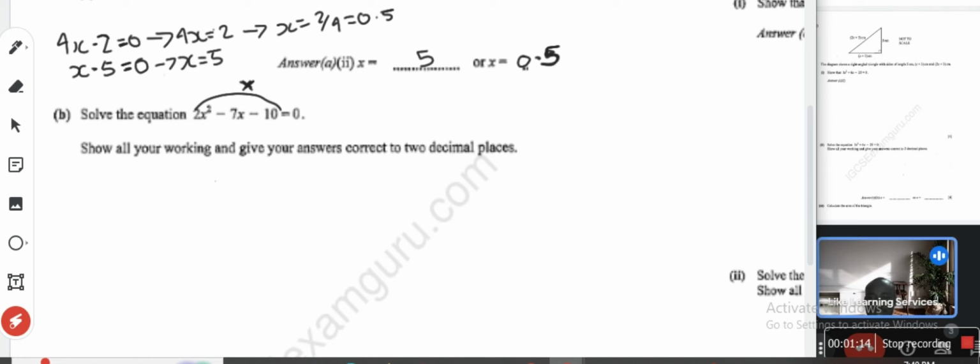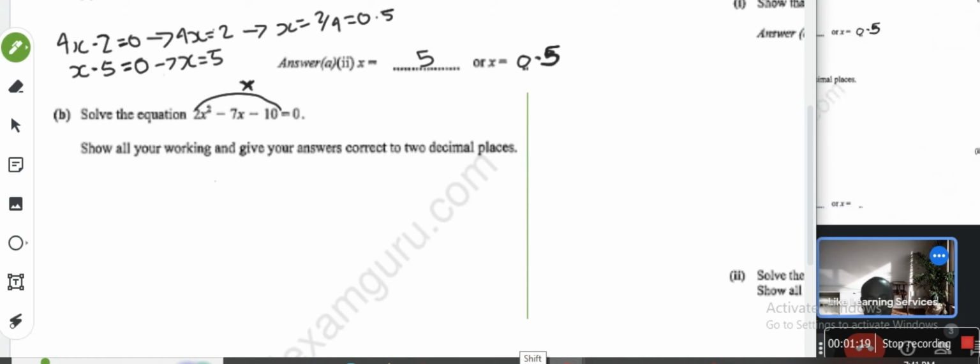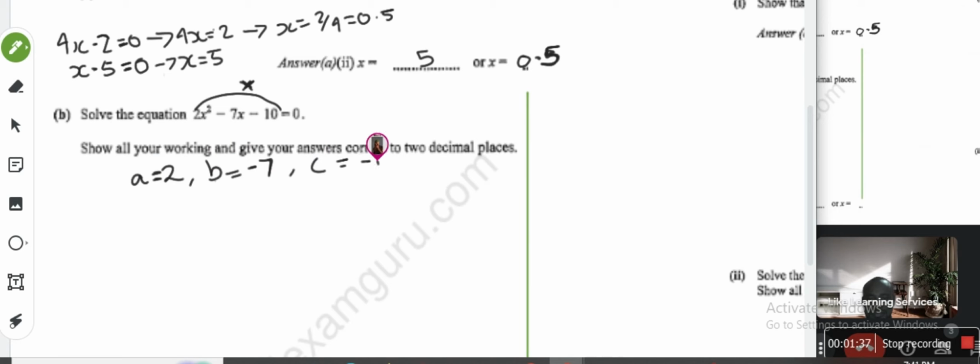The general quadratic formula. Do you remember the formula? So first of all, you list out your a. a is 2, b is minus 7, c is minus 10.